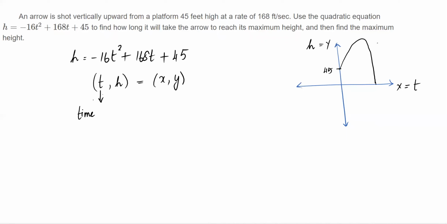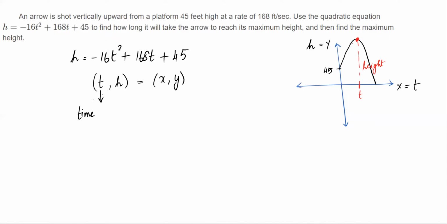So we're trying to see, let me do a better job of that. So we are trying to figure out what is this maximum height that the arrow reaches, right? So that's the height, maximum height. And where it occurs is the time t, because that's happening on your t-axis, right?